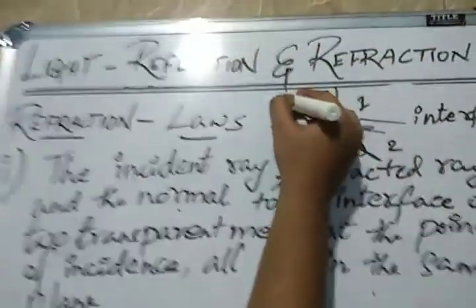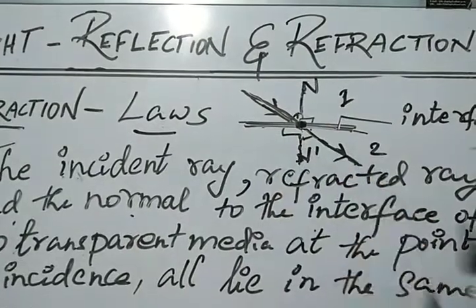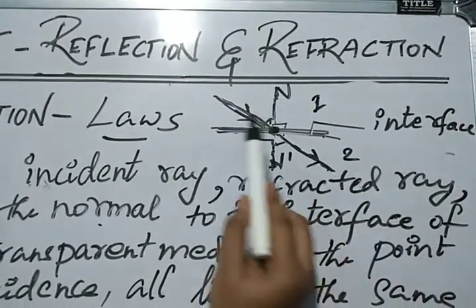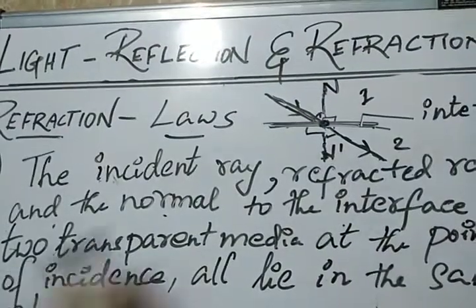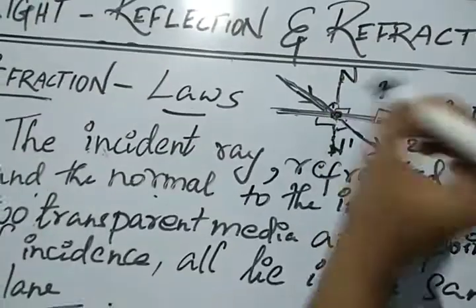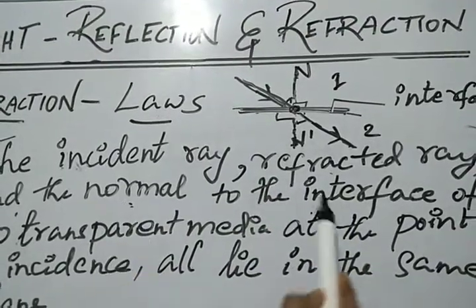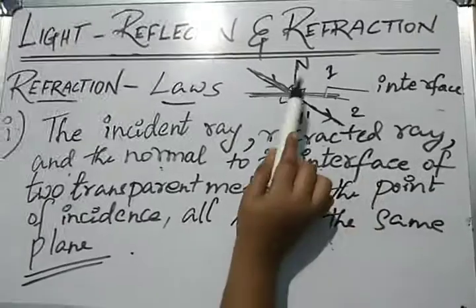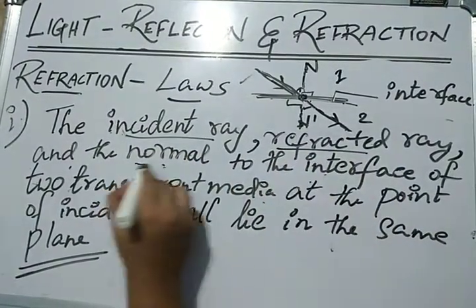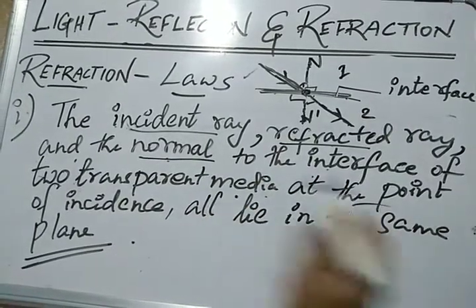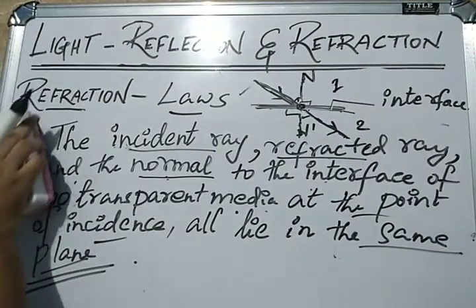The incident ray, the refracted ray, and the normal to the interface of two transparent media at the point of incidence, where the ray is striking, all lie in the same plane. This was the first law of refraction.